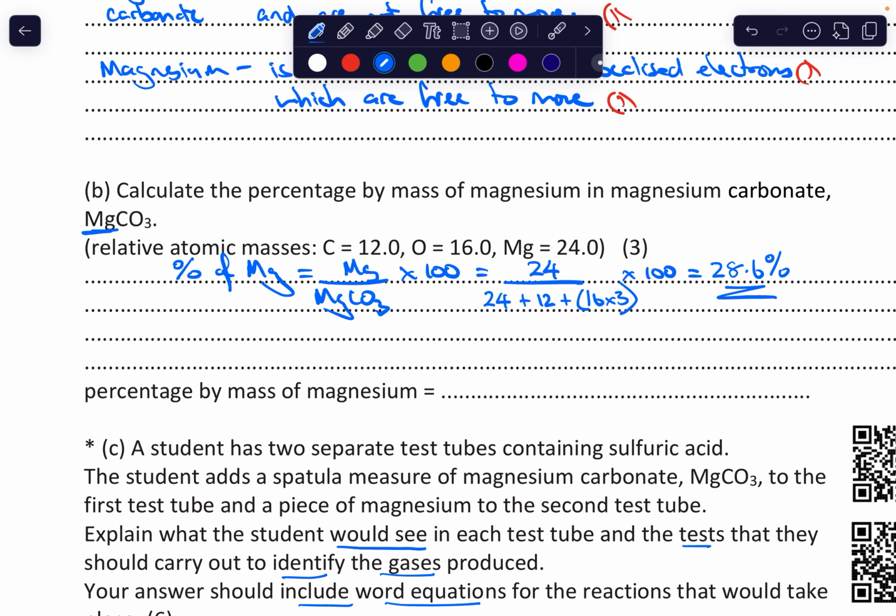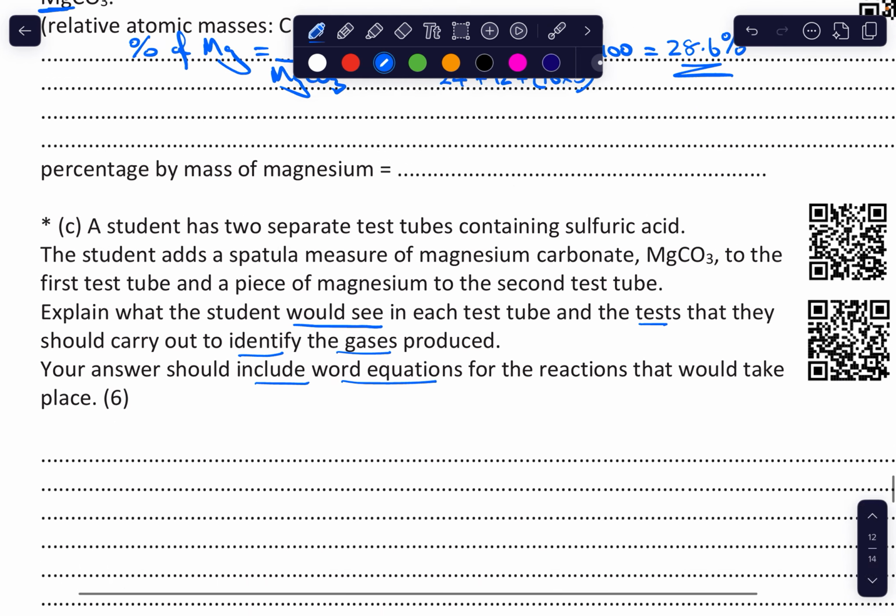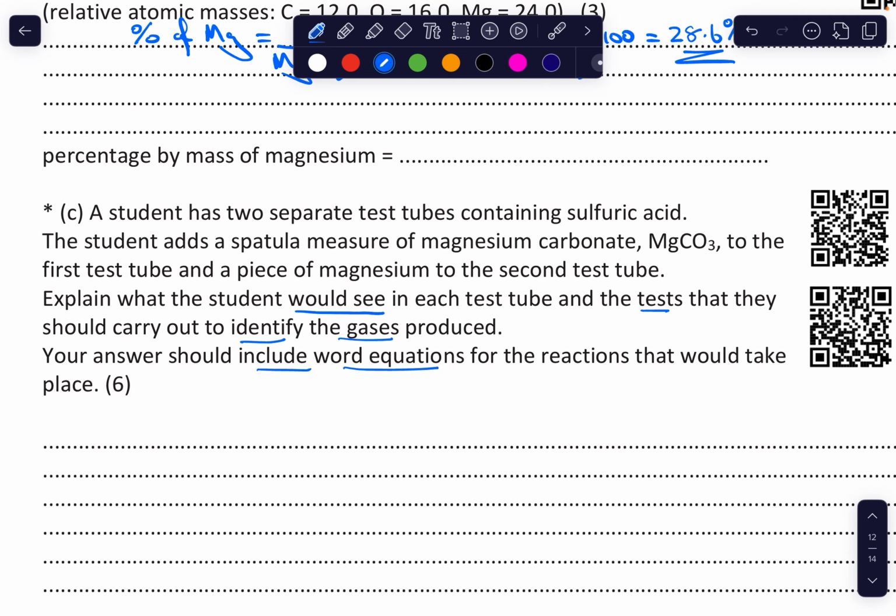Okay, the final question, and it's the 6 marker. I always like to think how I'm going to approach this before I set off doing it. I think it's a good idea to have a strategy. We're given some information. This student is reacting magnesium carbonate and magnesium with sulfuric acid. First we have to explain what we would see in the test tubes.